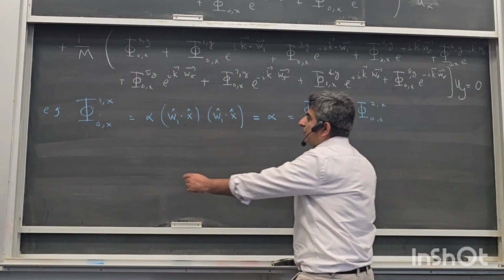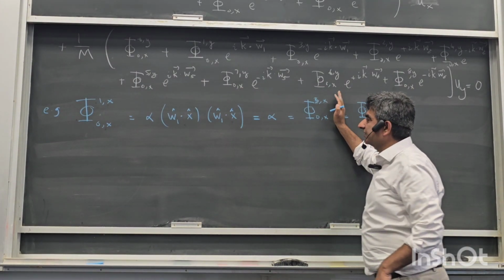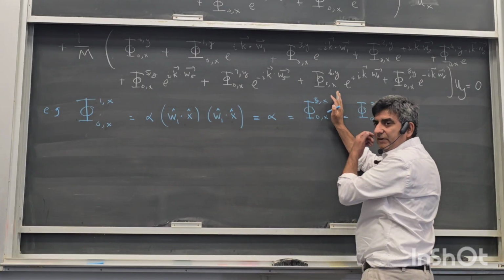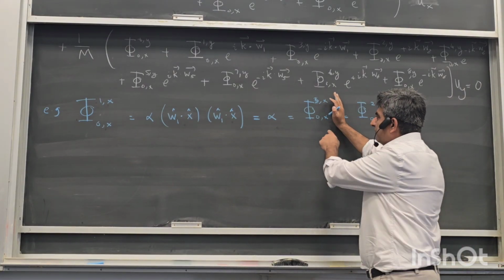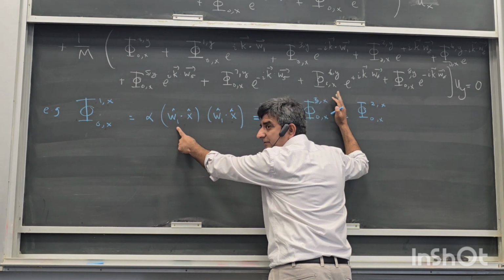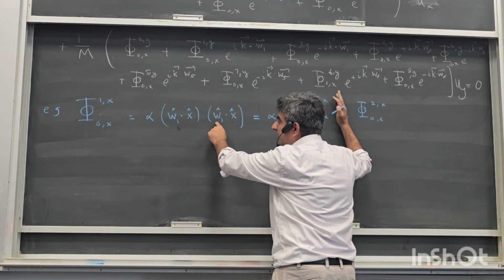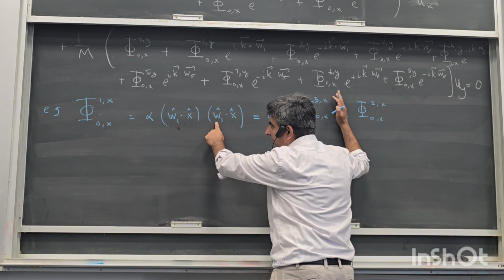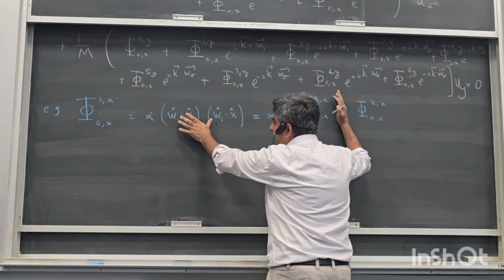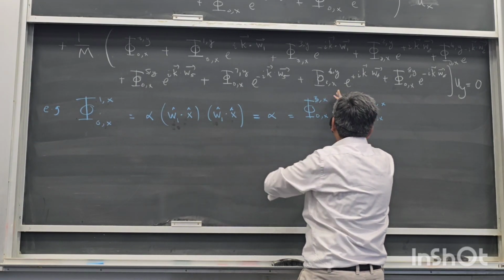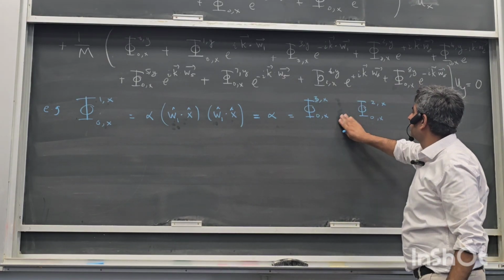So of course 0x and 1x and 0x and 3x are both of them going to give me alpha, correct? Because for 3 this becomes W3, which is minus W1, but it's along x, so these two negatives cancel, I still get alpha. But what about 0x and 2x?